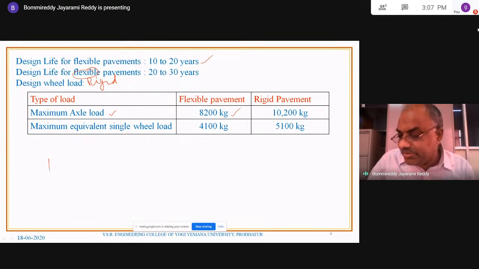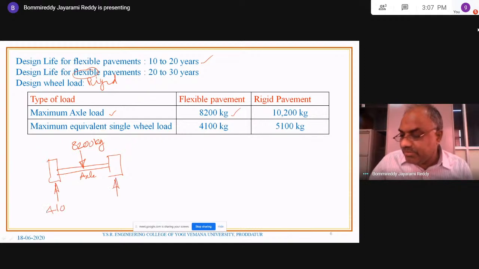Standard axial load means this is one wheel and this is another wheel, and these two are connected by means of the axle. The load that is transferred through this will be 8,200 kg. So the reaction at the wheel, or otherwise the wheel load, will be equal to 4,100 kg. You can see it in terms of axial load, which means both wheels, two wheels on either side.